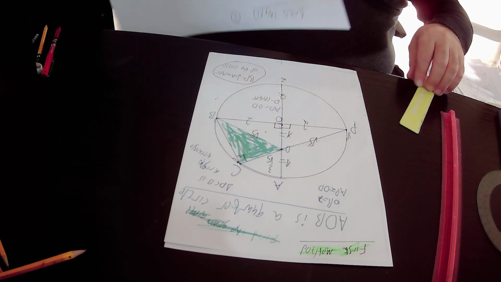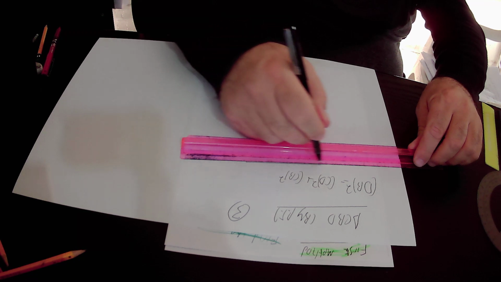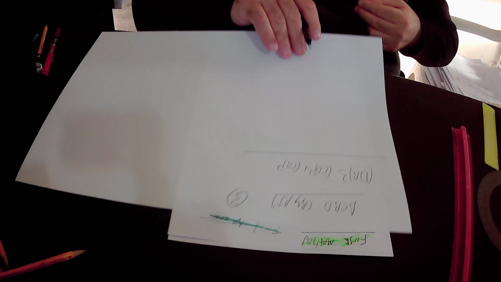I'll repeat again: according to the Pythagoras theorem on the right blue triangle CDB, DB squared equals CD squared plus CB squared.